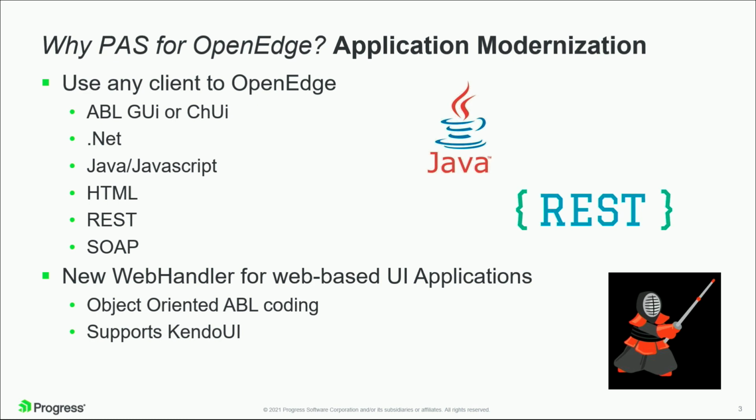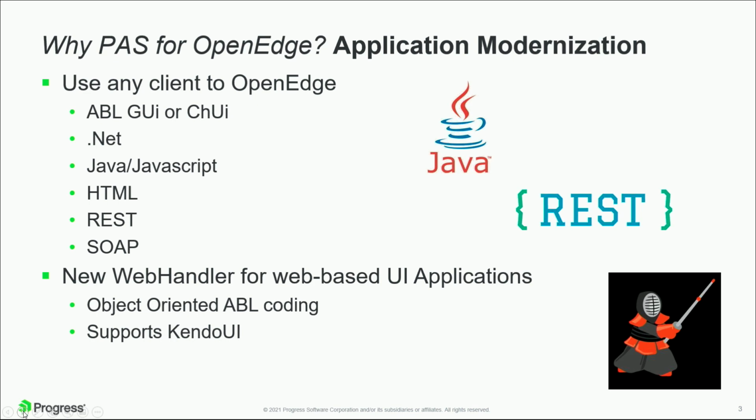This first slide's about application modernization, and I think that's the overarching reason that we did PAS for OpenEdge. There were certain things about the old architecture that just made modern applications difficult or impossible to do. So with PASOE, you can handle all the modern UIs. Plus, we made it so that you could use the old UIs as well.